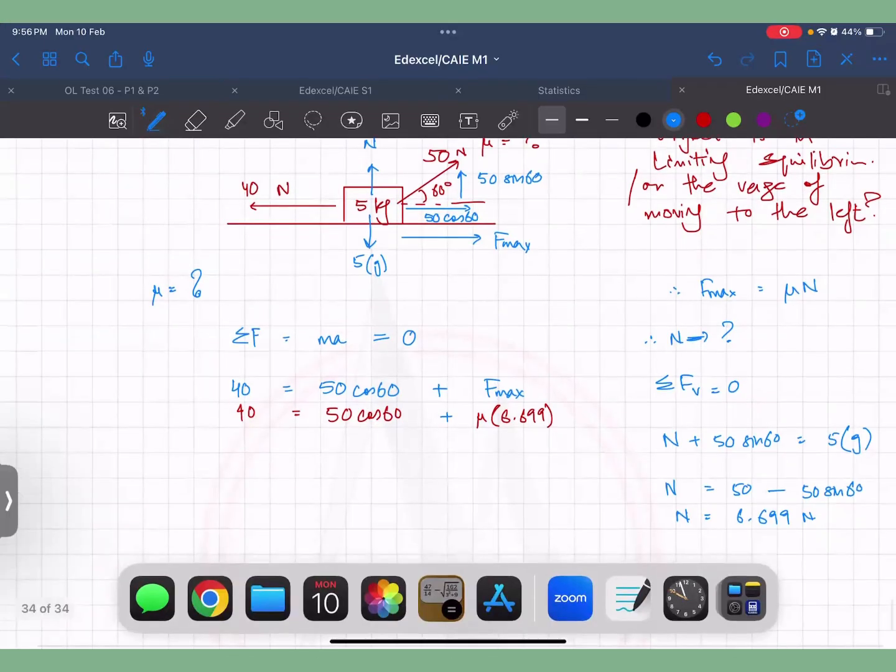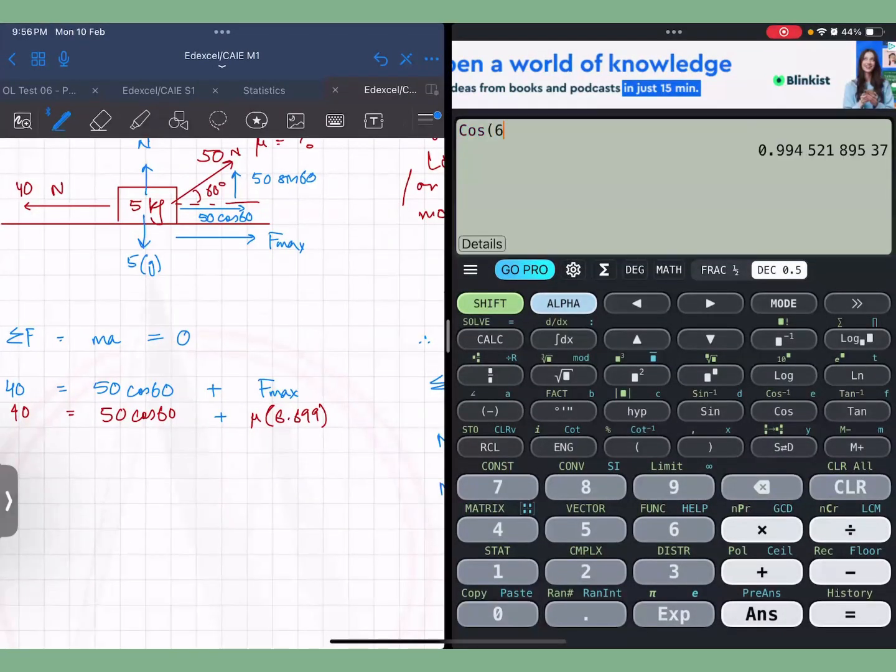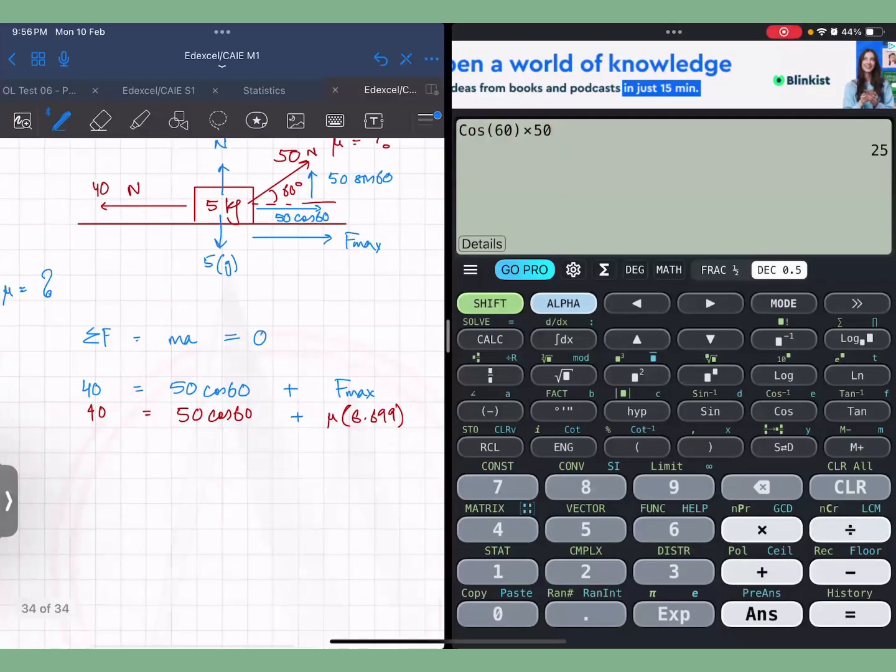So 50 cos 60 would be 25. 40 minus 25 is 15. So 15 is equal to 6.699 mu. So mu comes out as 15 divided by 6.699, which is 2.24. This is the value of mu.